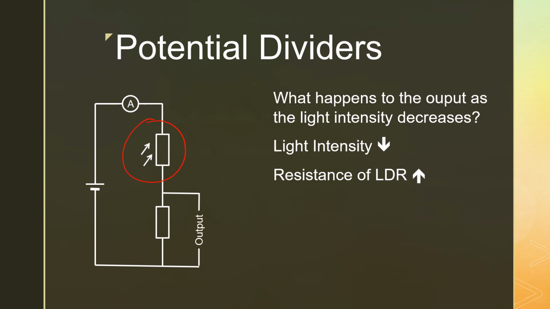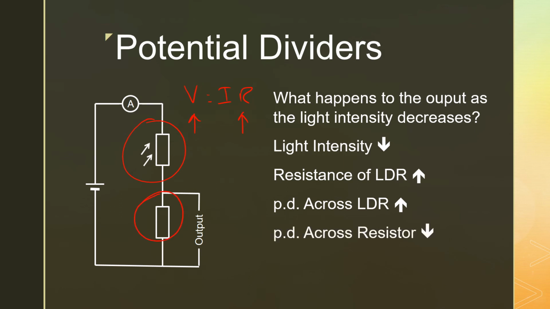And thinking about V is equal to IR, I really am going to do it every time, if that resistance goes up, that voltage is going to go up. So we're going to get an increase in the PD across the LDR. And if the PD across the LDR is going up, the PD across this resistor must come down. Remember, they've got to add up to the PD of the cell, so if one goes up, the other one's got to come down.